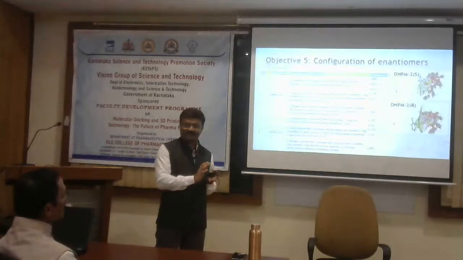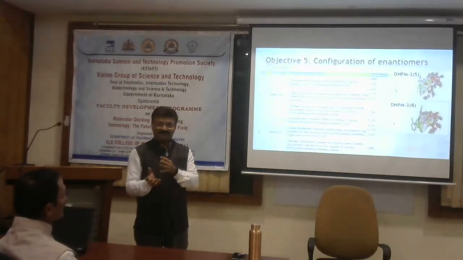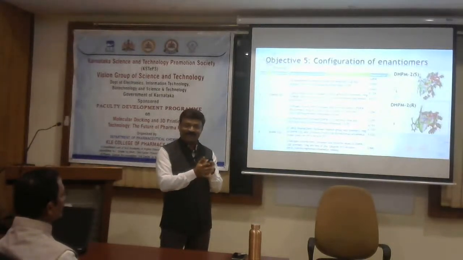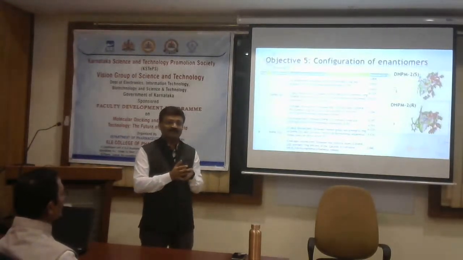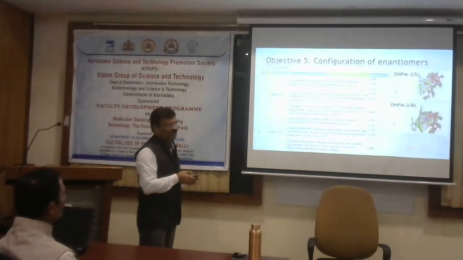The chiral stationary phase is taken as the protein, and the molecules are taken as the ligands. We made the combination, the score was observed, and based on the score I came to the conclusion that which is R and which is S is proved by using this computational technique.